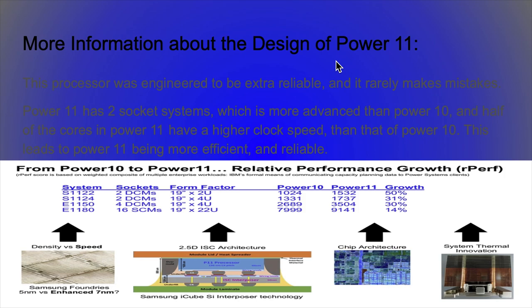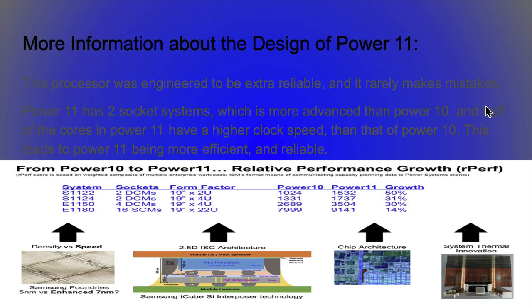Power 11 has two socket systems. When it was designed, they added these socket systems. It has two of them. That's a difference from the Power 10 processor. Power 10 doesn't have that, but Power 11 does. This makes the processor more advanced as a result, and specifically even more advanced than the Power 10 processor.